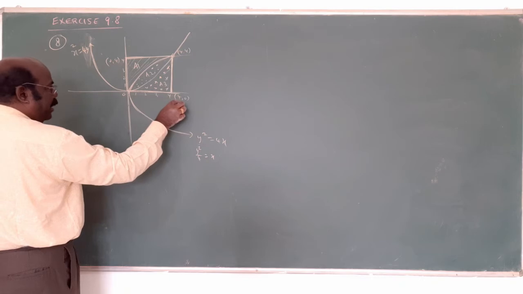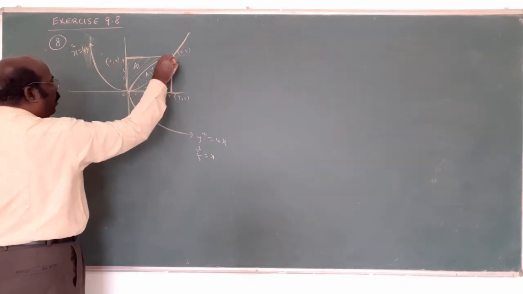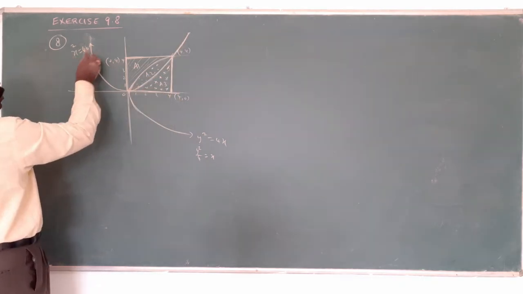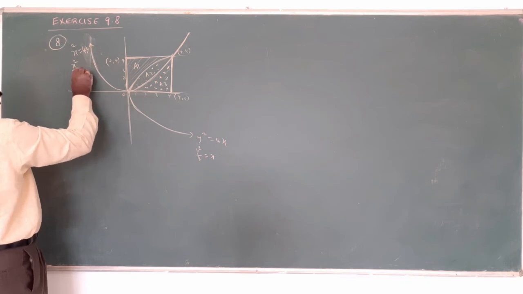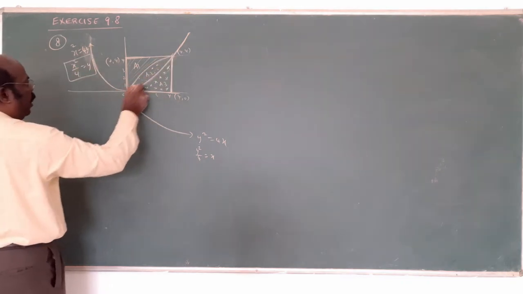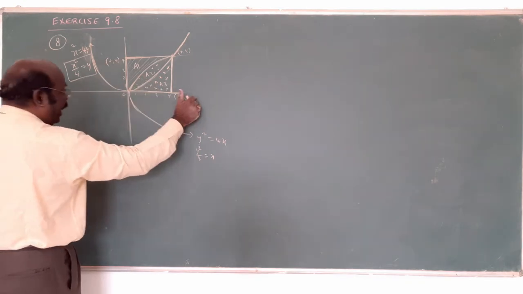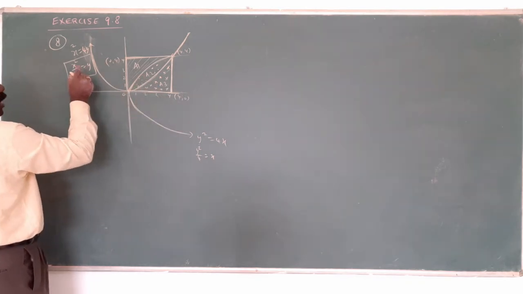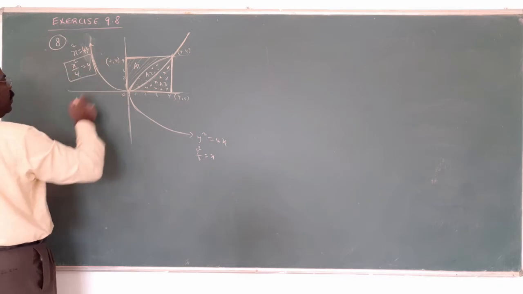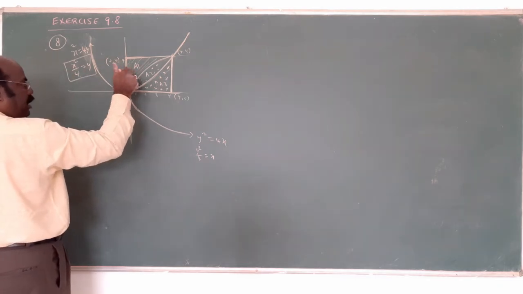This parabola is x squared equals 4y, so y equals x squared by 4. Integrate with respect to x. This part, A1, is represented by integration with respect to y.